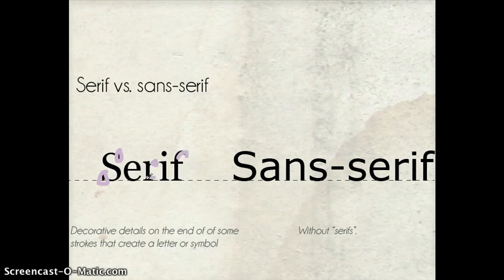So these are accents, and they're also on the bottom of those letters as well. And this is what separates serif from sans serif. Sans serif pretty much means without serifs. So it's without those accented details on the letters. That is the main difference.